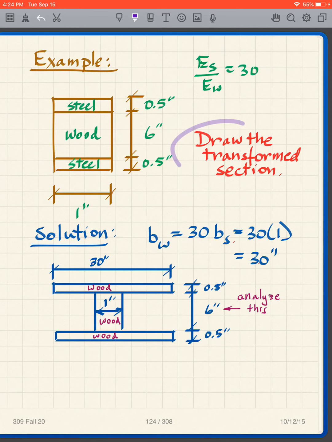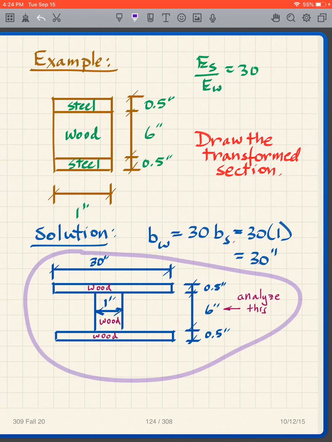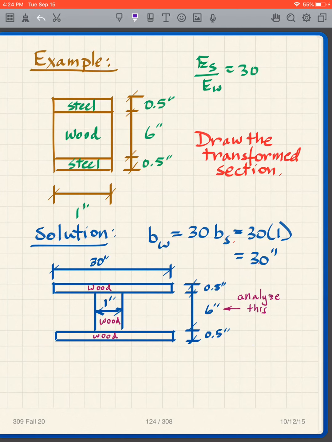Then what do I want to do if I want to draw the transformed section? I simply take B wood, which is 30 times the B steel. It's 1 inch, so it's 30 inches. So my equivalent all-wood beam looks like this, where this is 30 inches, and the wood block in the center is the same.